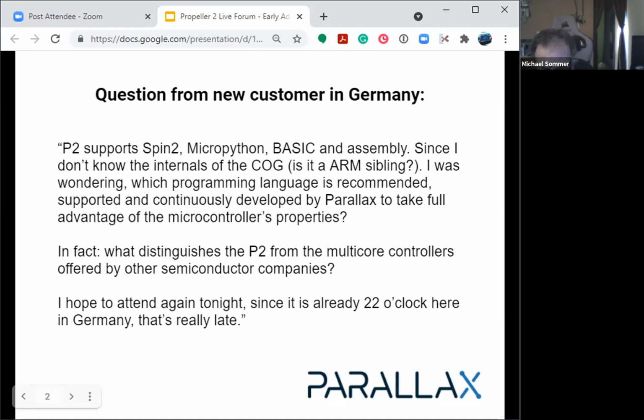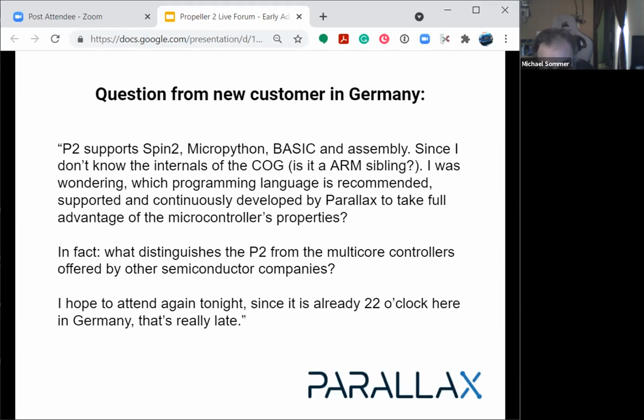It's one of the oldest documents of the P1, basically describing the philosophy behind the whole thing and why Chip decided to go another way than other controller makers did. I think that is a very nice document, because basically you have to get hold of Chip's thinking to understand how to program the P1 and P2.